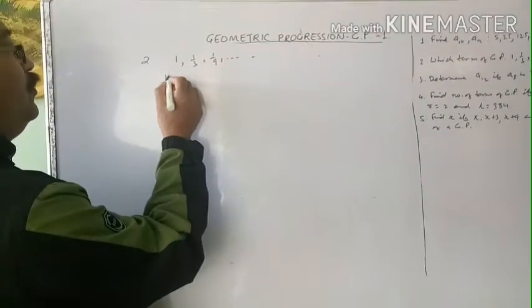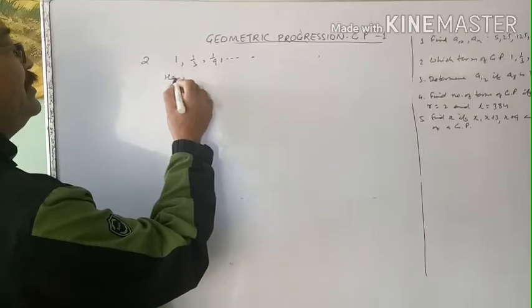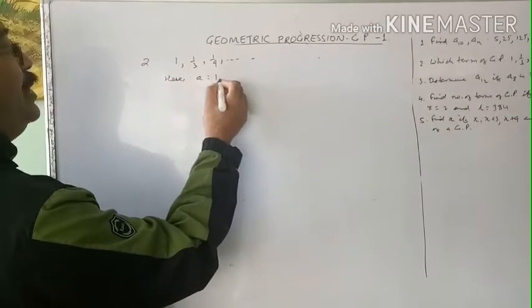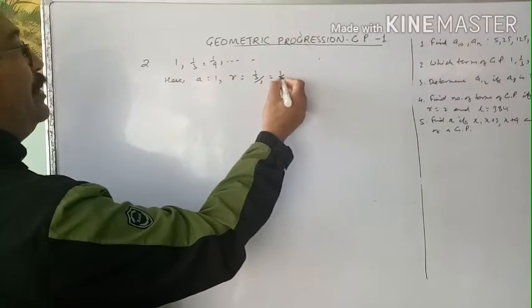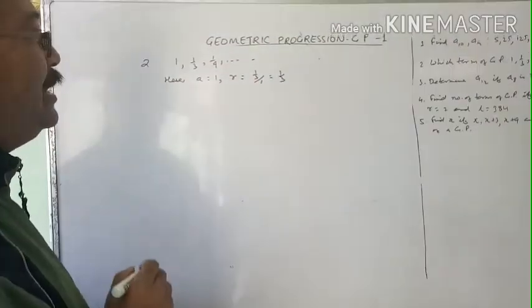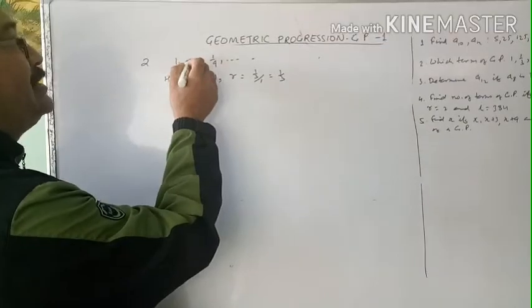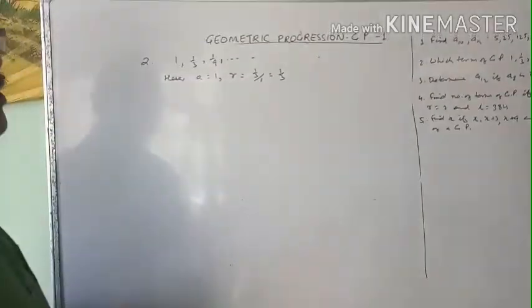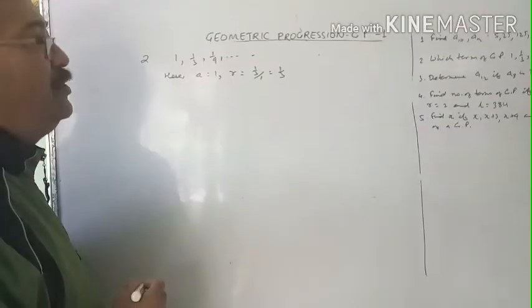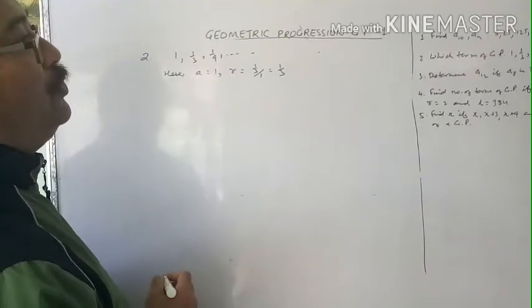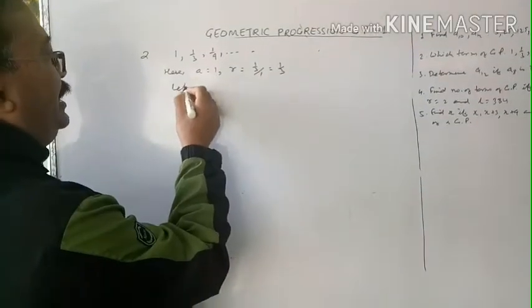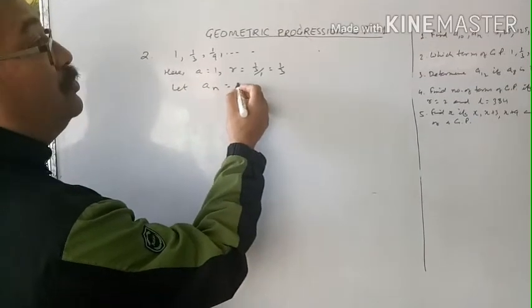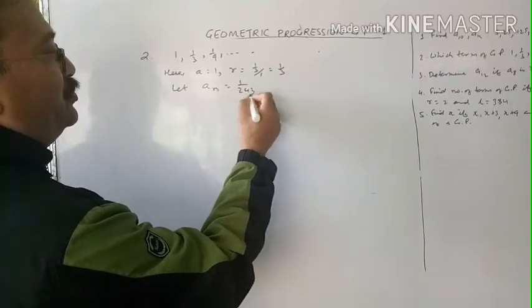Here we can find A equal to 1 and r equal to 1 by 3 divided by 1. That is 1 by 3. Remember, when you find r, always divide second by first. That is B by A, remember. That is the formula. So now which term is 1 by 243? We suppose An is equal to 1 by 243, the nth term.